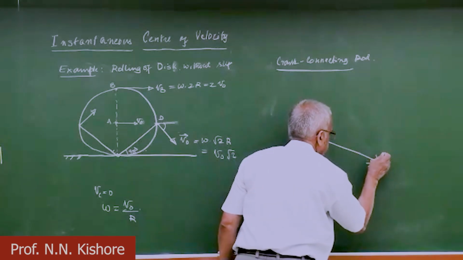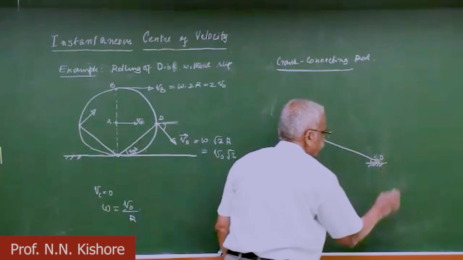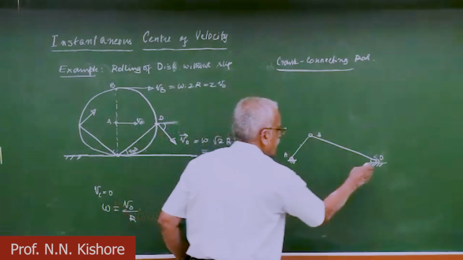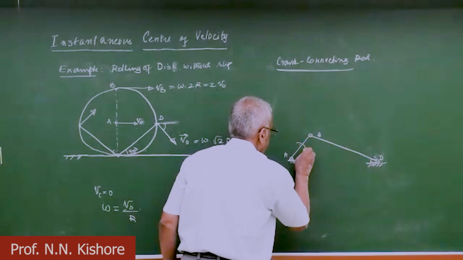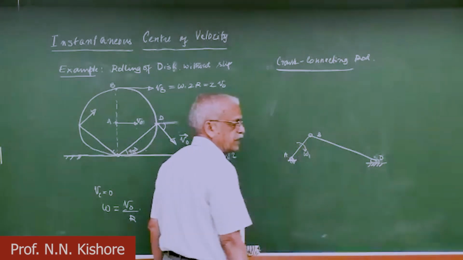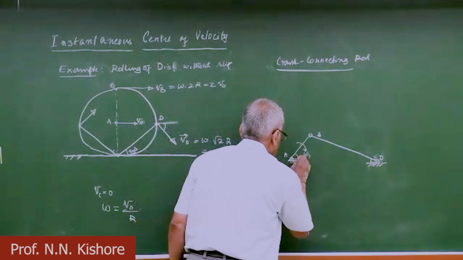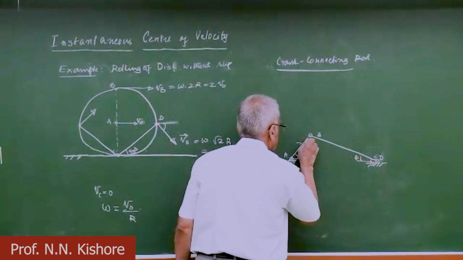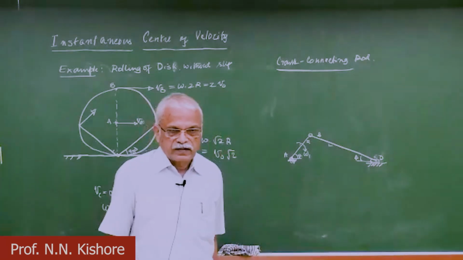I don't call it C because C may interfere with our nomenclature of instantaneous center. So if you have A, B, D, and you know that this is going at an angular velocity of omega 1, and let us say this is theta, you know how to calculate all these things. If this is R, this is L, we know how to calculate phi.